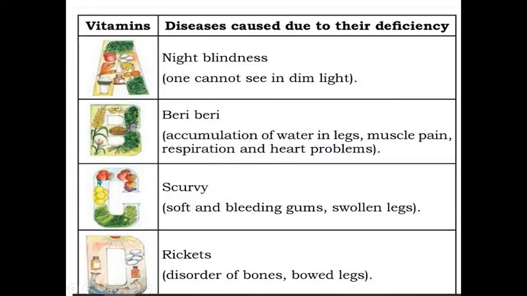Now vitamin C. Deficiency of vitamin C causes a disease called scurvy. What are the symptoms of this disease? Soft and bleeding gums, swollen legs.